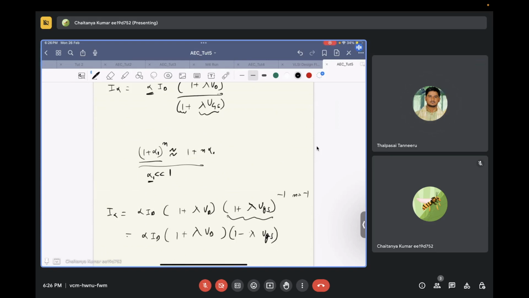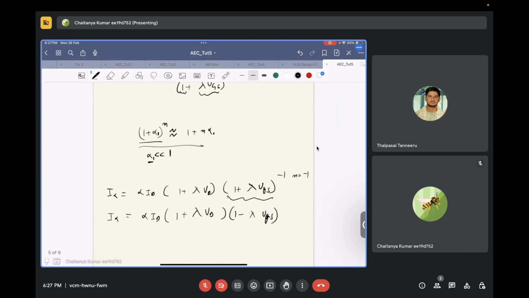And you have 1 plus lambda times VD over here, and alpha times ID is equal to your I alpha. Now alpha times ID into 1 plus lambda VD minus lambda VGS, minus lambda square VD VGS.